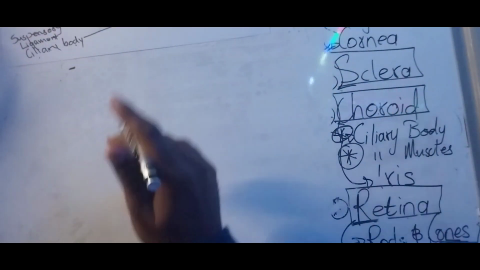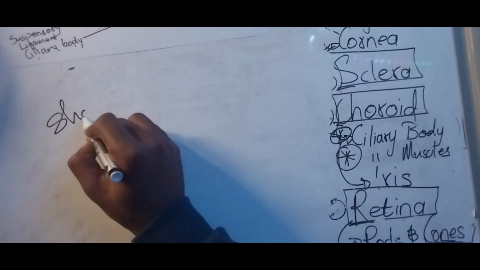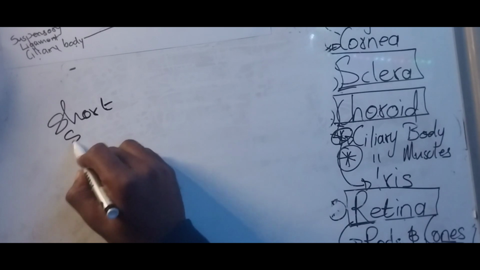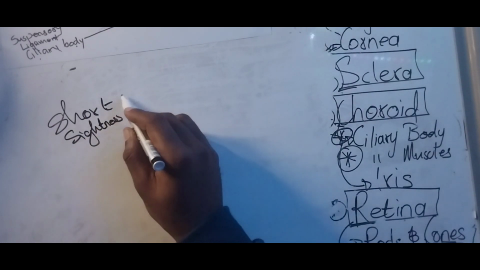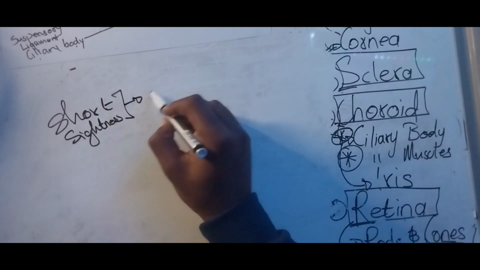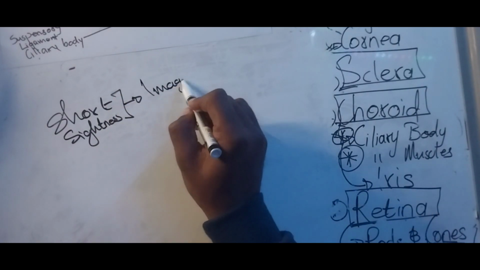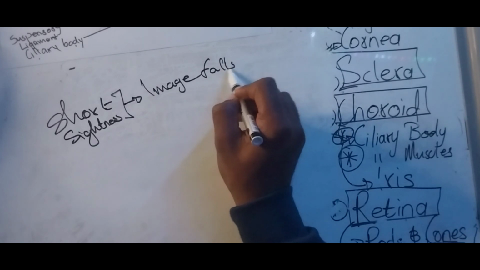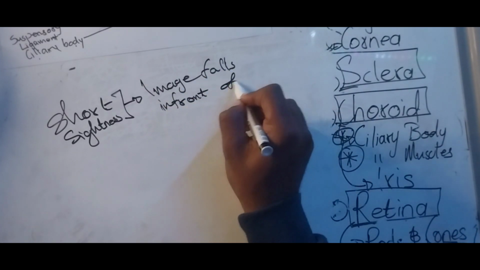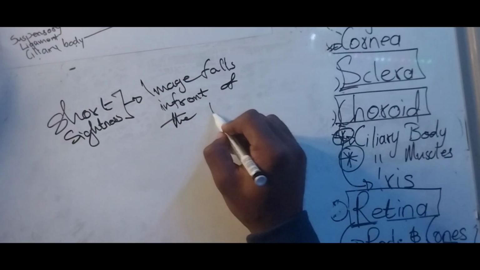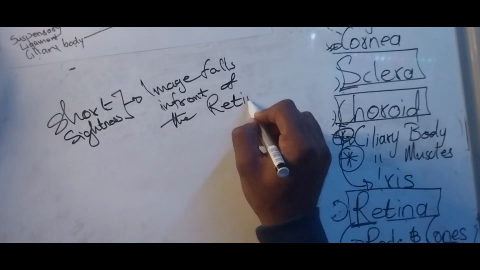Okay, let me write it down. So we have short-sightedness. What is happening? The image falls in front of the retina.